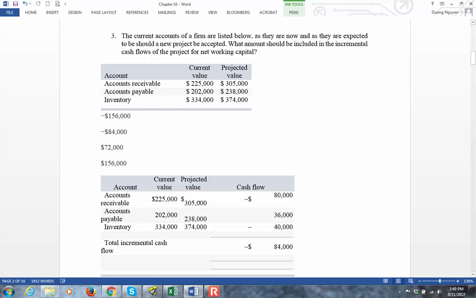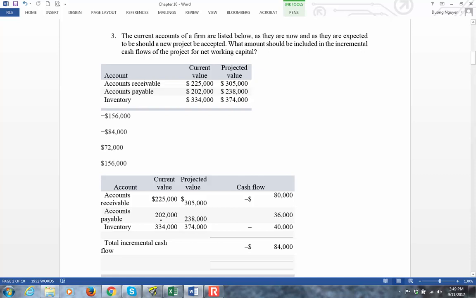Now when account receivable increased by 80,000, the cash should go down by 80,000, because this is the amount of money the customer has not paid yet, so the company has not received it yet, therefore it reduced the cash by $80,000.